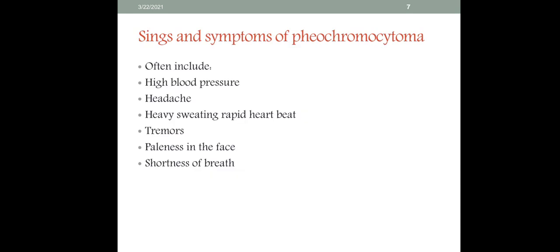Signs and symptoms of pheochromocytoma often include high blood pressure, headache, heavy sweating, a rapid heartbeat, tremors, pallor in the face, and shortness of breath.